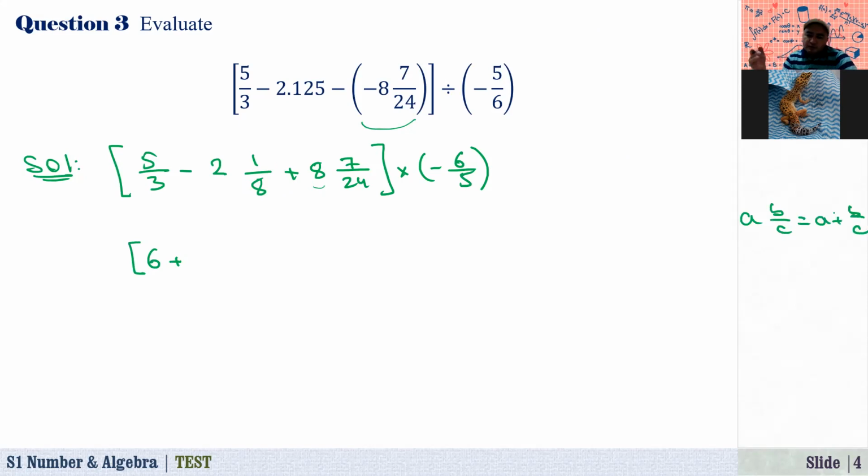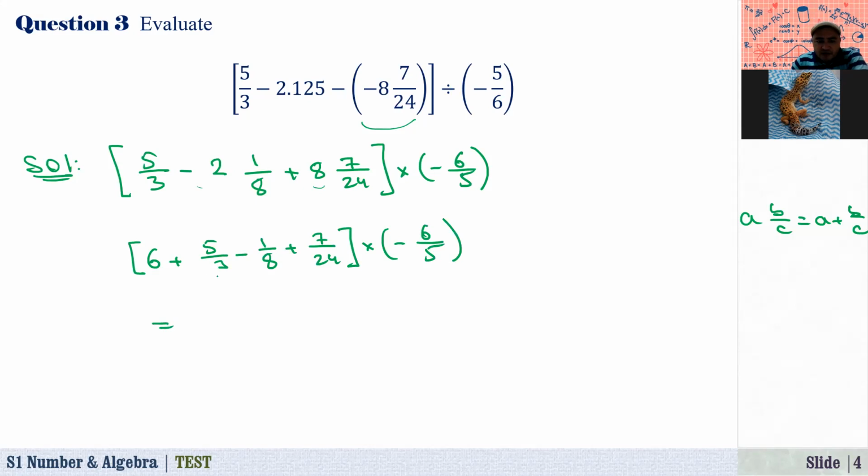You can just write it as a whole part plus fraction part. So see here we have negative 2, right? And plus 8, that's equal to 6. And the remaining part is 5 over 3 minus 1 over 8 plus 7 over 24. And times, still here we have minus 6 over 5.